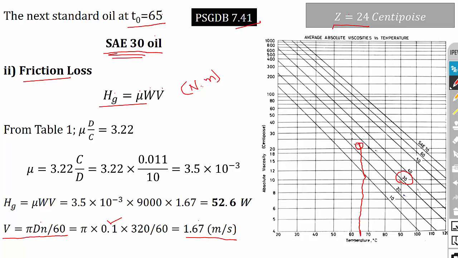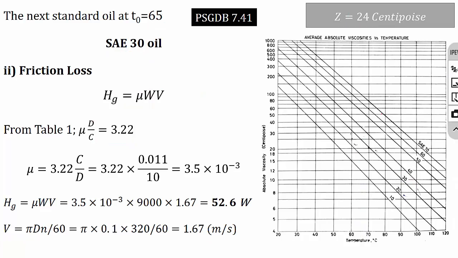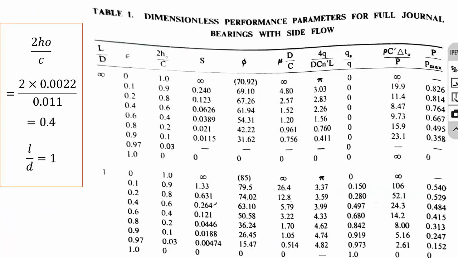But here I don't know the value of mu. In the design procedure we would calculate the mu value separately, but here we have the mu D by C value from the data book. In table 1, the previous table we referred to, the mu D by C value for 0.4 is 3.22.